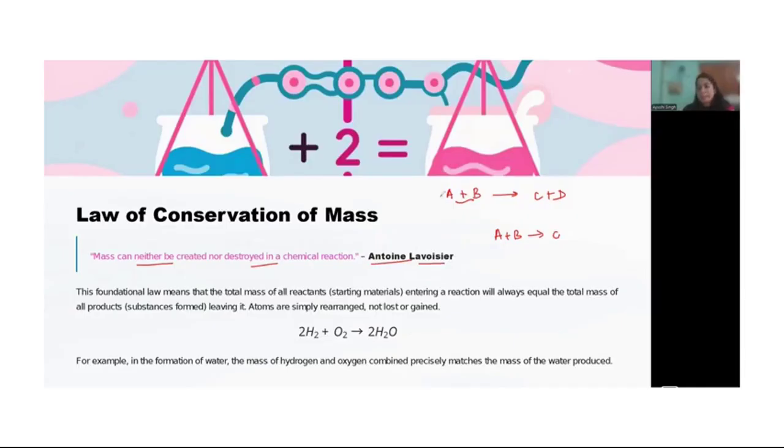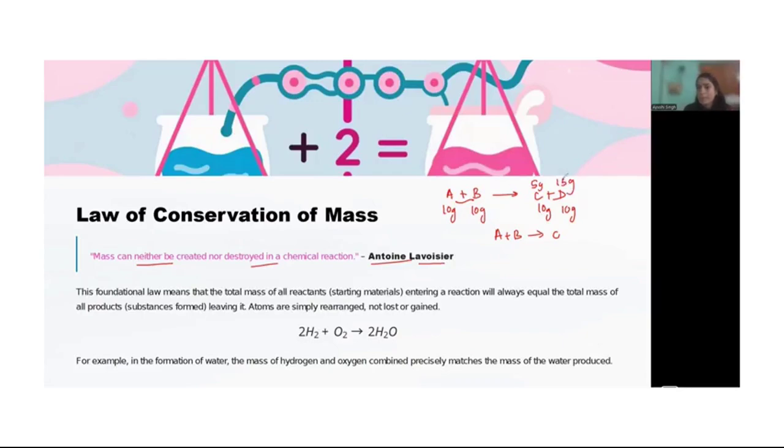But what it says is that if A is 10 grams, B is 10 grams, C is 10 grams, then D has to be 10 grams. Or maybe C can be 5 grams and D can be, let's say, 15 grams.